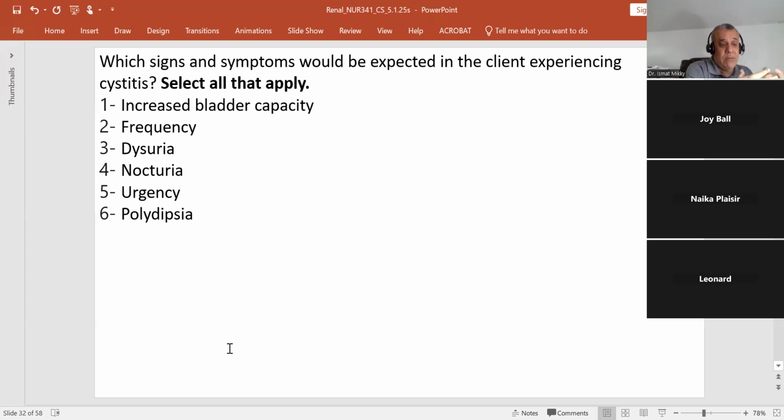Nocturia is urination during nighttime. Can anyone explain why at nighttime patients may have a higher tendency to urinate during our sleep?